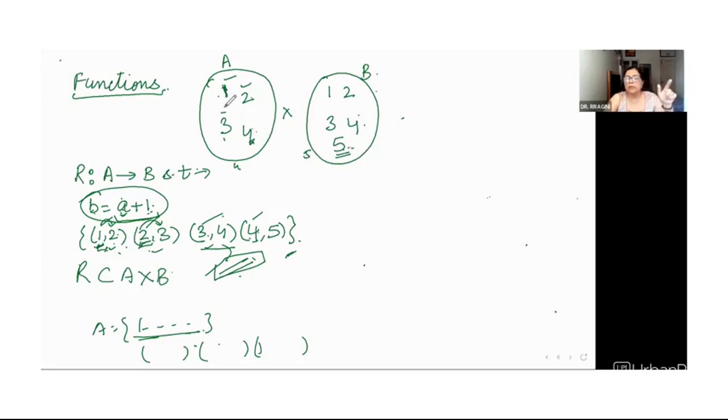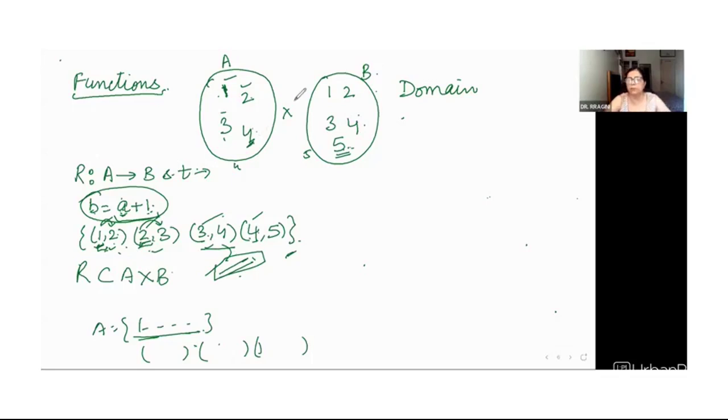So in case of a relation, what was the domain? It was only the set of first elements occurring in the ordered pairs. Whether we used 4 or not did not matter. So we only wrote 1, 2, 3 in the form of a set.